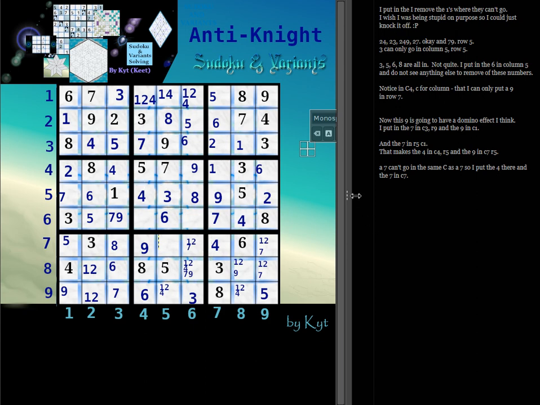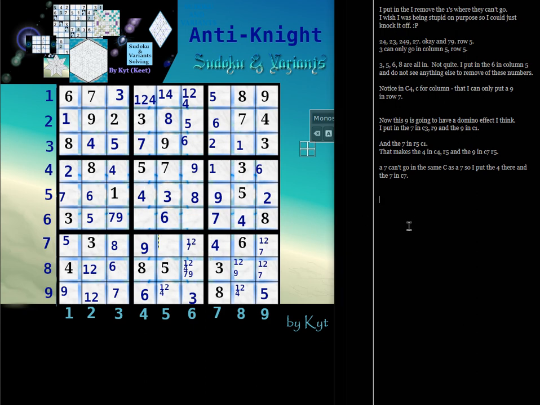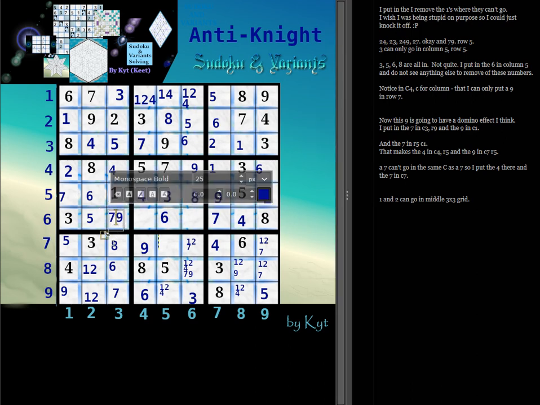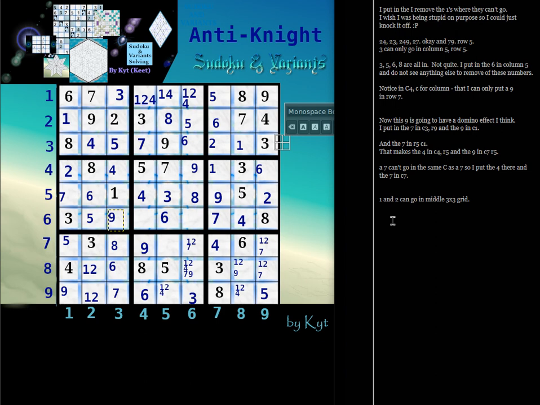Okay, 1 and 2 can go in the middle 3 by 3 grid.